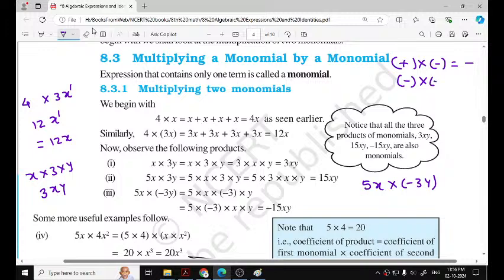Negative into negative term, answer is positive. And positive number into positive number, answer is positive. So whenever in the product of two numbers the signs are different, the answer is negative. Here we have 5 into minus 3, so this is minus 15. These are not like variables, so we can write it as minus 15xy.